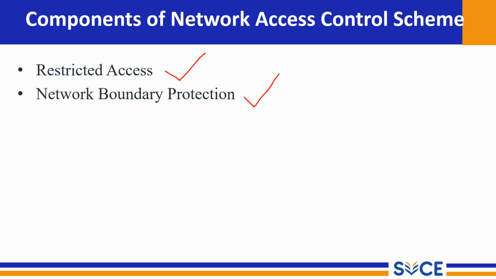Network boundary protection monitors and controls the connectivity of networks with external networks. It also includes tools such as control interfaces, intrusion detection, and antivirus tools. It is also called perimeter defense. For example, a firewall can be used to prevent unauthorized access to network resources from outside of the network.